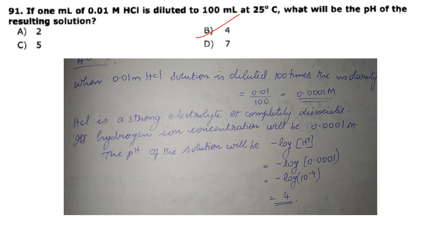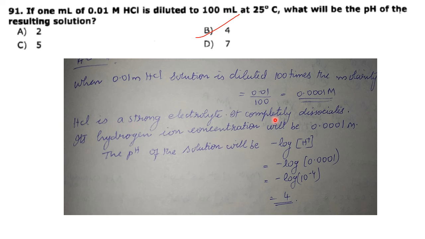Okay, next one. If 1 ml of 0.01 molar HCl is diluted to 100 ml at 25 degrees Celsius, what will be the pH of the resulting solution? So when 0.01 molar HCl solution is diluted 100 times, the molarity will be 0.01 divided by 100, that is 0.001 molar.